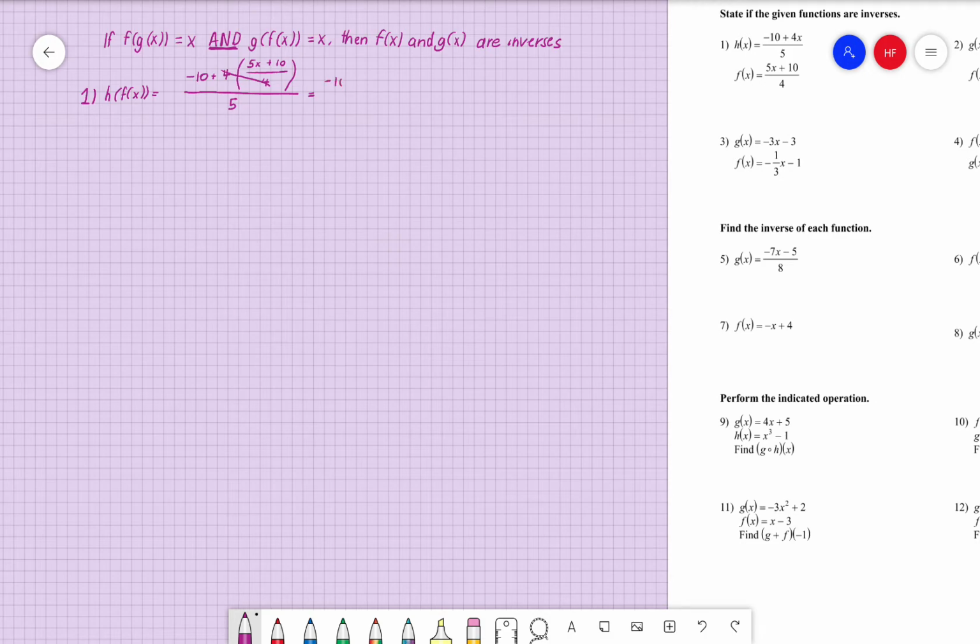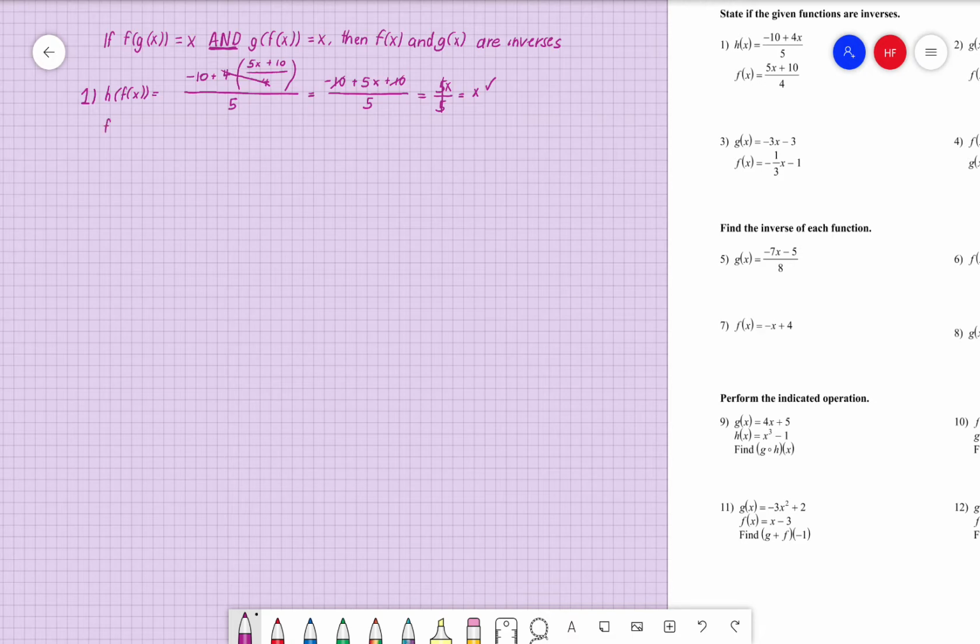Leaves me with -10 plus 5x plus 10 over 5. -10 plus 10, these two cancel each other out. Now I'm left with 5x over 5. 5 divided by 5 is 1. This gives me x. So this first one worked out.